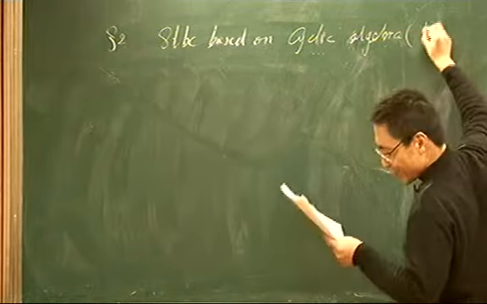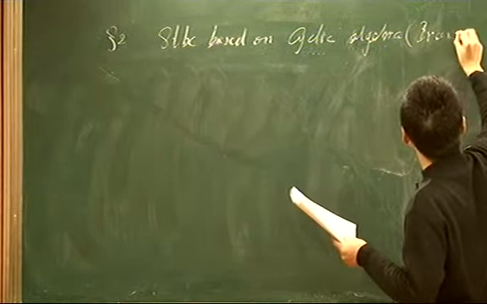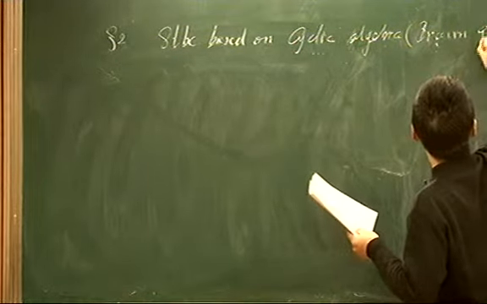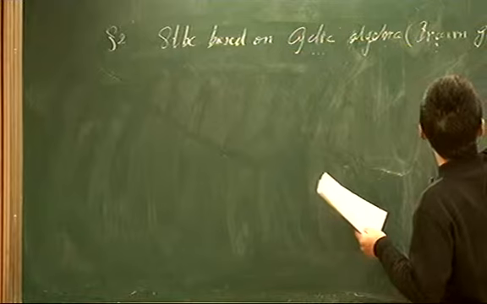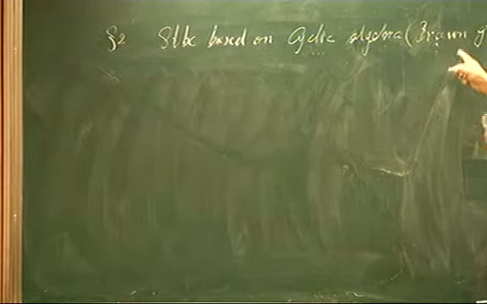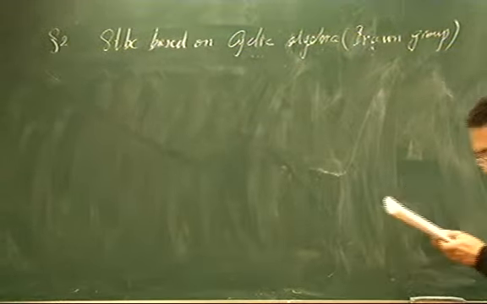The Brauer group is an abelian group, and it is related to cyclic algebra.